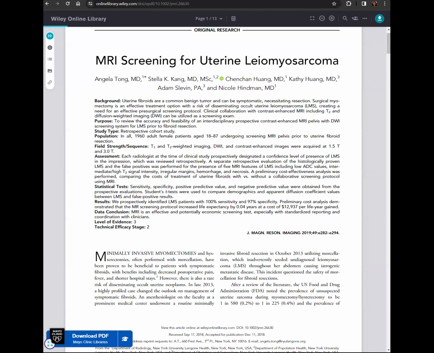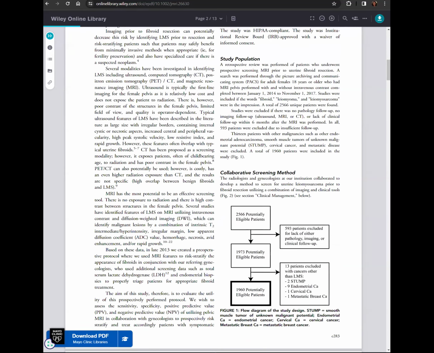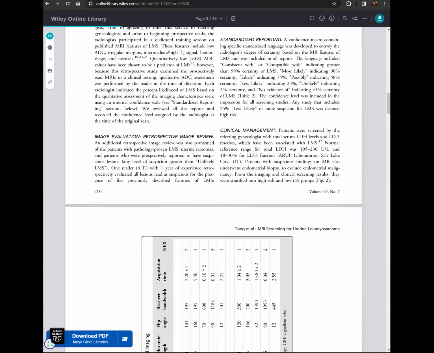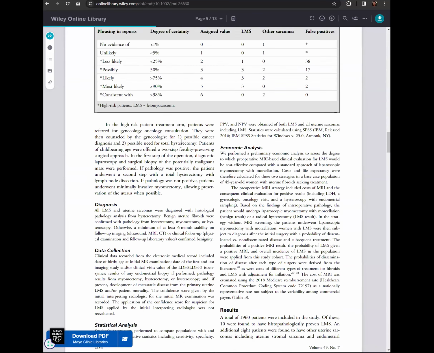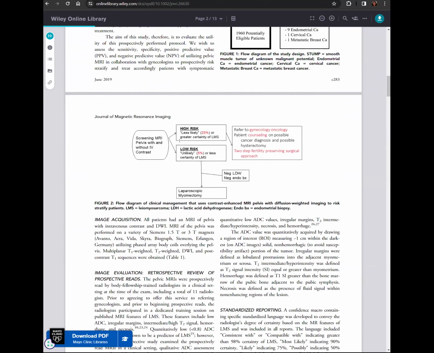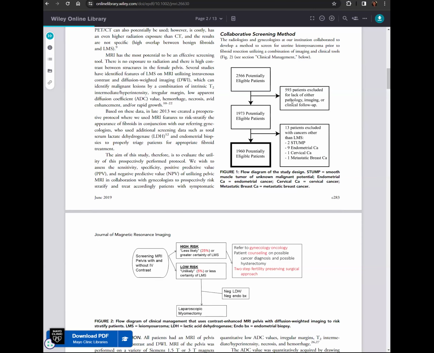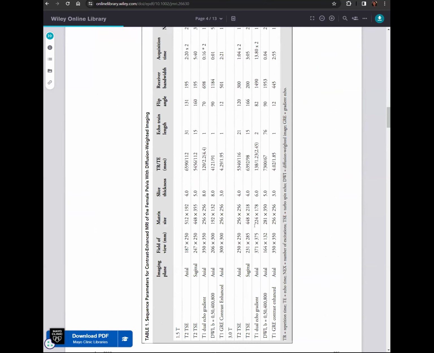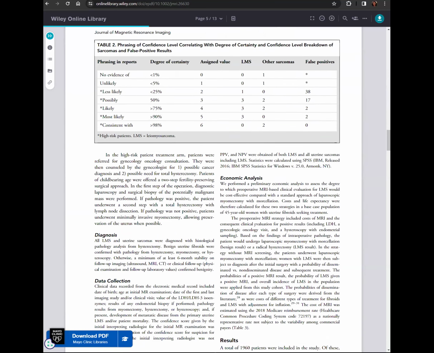So first of all, yes, the combination of T2 and ADC is important. They mentioned that if you separate the sarcomas, LMS as well as non-LMS sarcomas, there is a separation between fibroids and sarcomas. So this was a retrospective study with surgical pathology, and then they looked at various features that separated benign from malignant uterine masses.